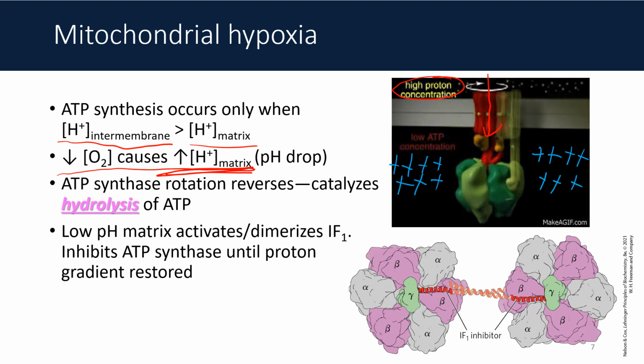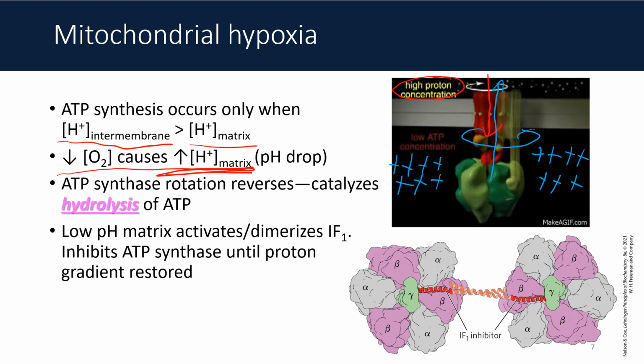And therefore, diffusion is going to occur in the reverse direction, which is going to reverse the direction in which these gears rotate. When that happens, ATP synthase is going to catalyze the reverse reaction, aka the destruction or hydrolysis of ATP.